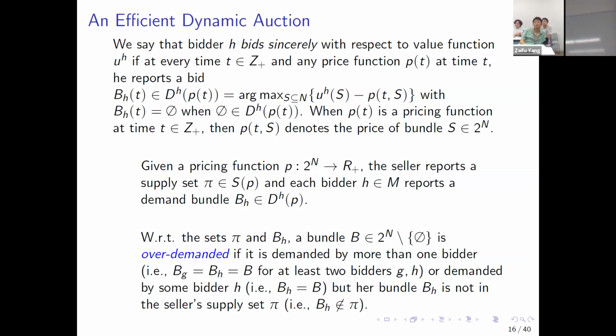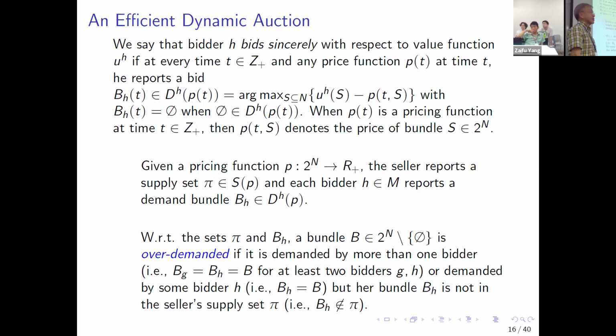Okay, then how do we define what we mean by over-demand? Given a price function, the seller will report a supply set. As I mentioned in the previous lecture, the seller is always honest, so only bidders can be strategic.